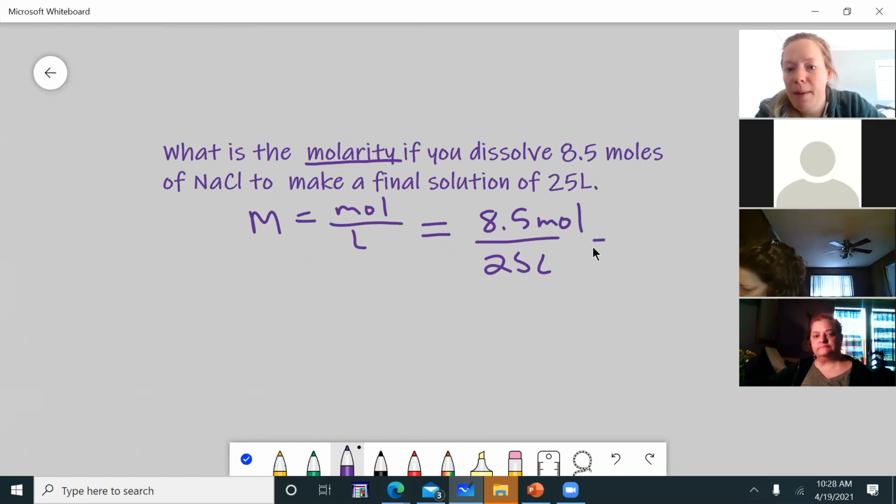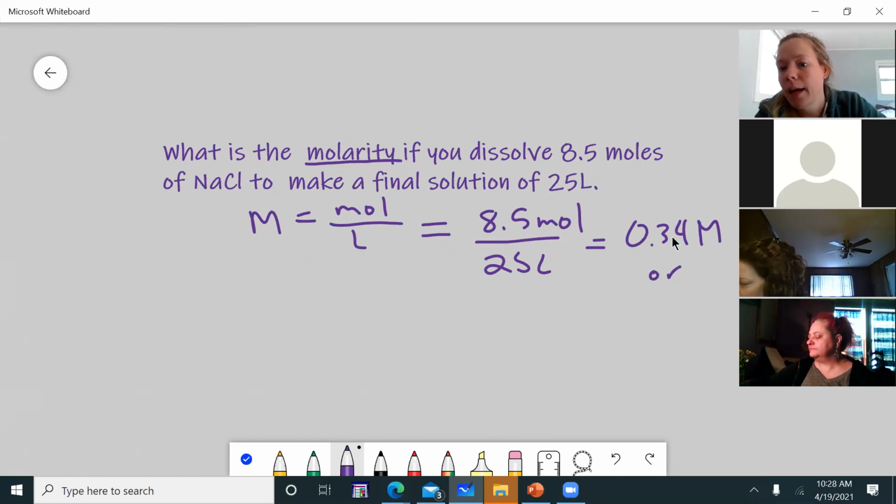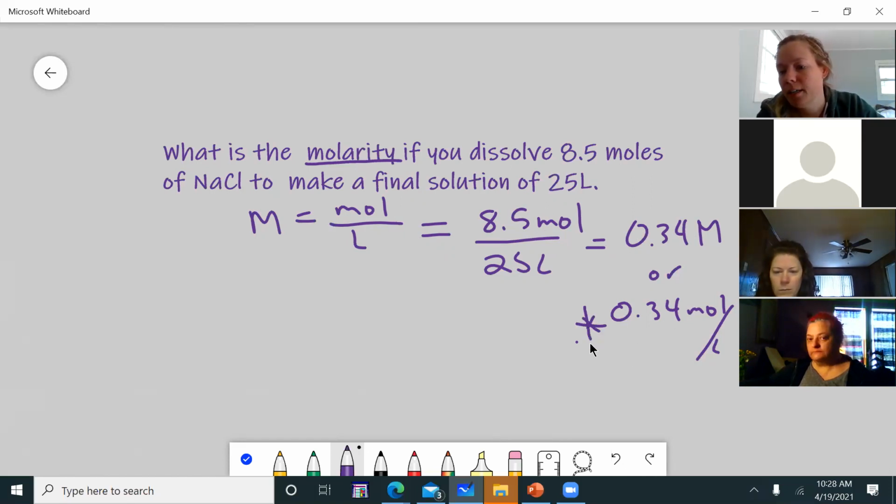When I divide them out, I get 0.34 and the unit on this would be big M. Or I could also write this as 0.34 moles per every 1 liter. Either of those work. This one is a little bit better if you're trying to plug it into dimensional analysis.